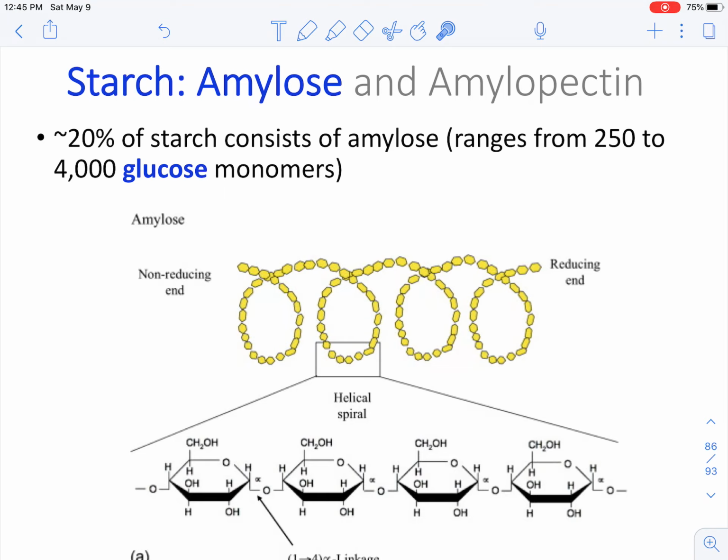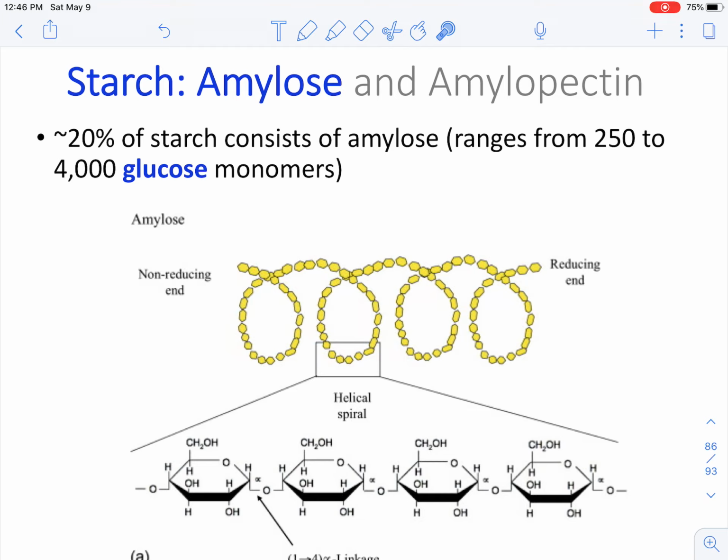And so starch is found in rice and in potatoes, and starch in itself is composed of two polysaccharides. One, amylose, and number two, amylopectin. And so it turns out 20% of starch consists of amylose, and amylose itself is composed of glucose monomers, about 250 to 4,000 glucose monomers.